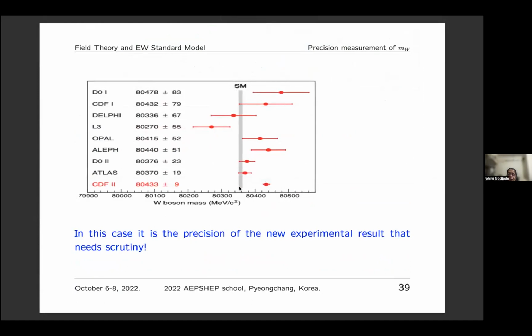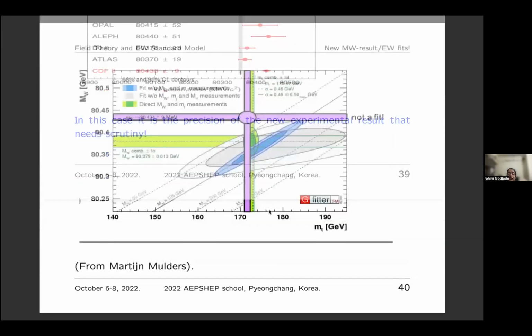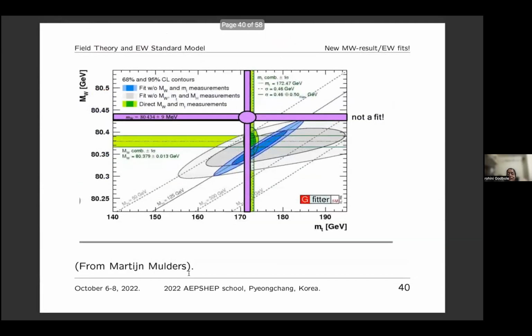And now this is the big point, this has caused some excitement. But before deciding that this is a chink in the armor of the standard model, you really need to evaluate whether the precision that this new experimental result is quoting needs to be scrutinized. But I like this slide that Martin had made, and Martin, I am showing it to people here.